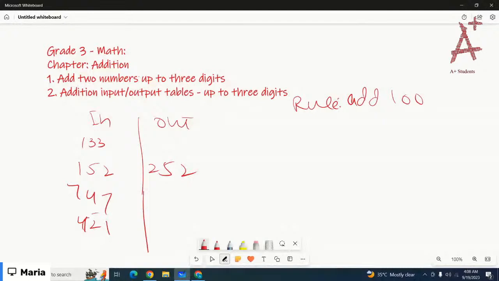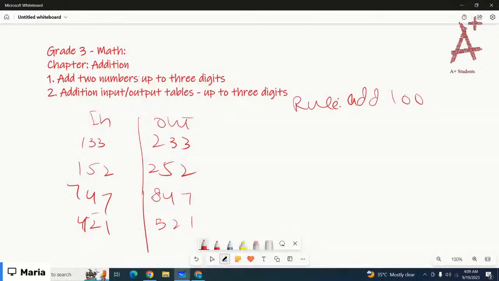How do you calculate? How do you complete the table? Yes, 133 plus 100 is 233, right? 747 plus 100 is 847. 421 plus 100 is 521, right?